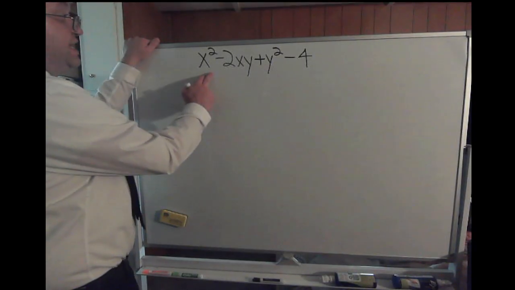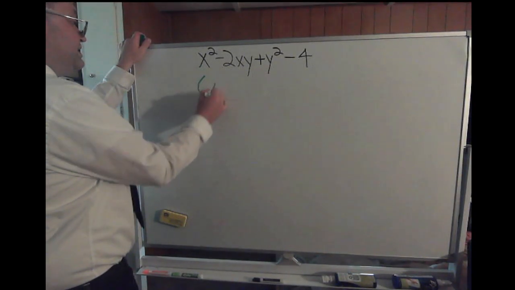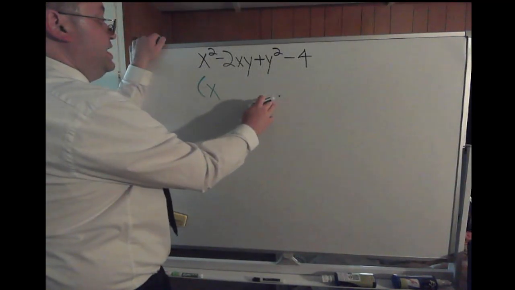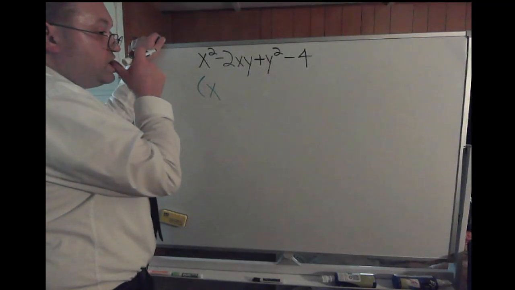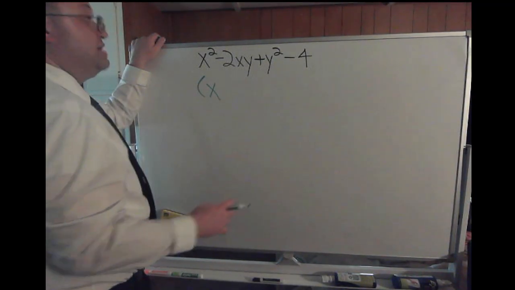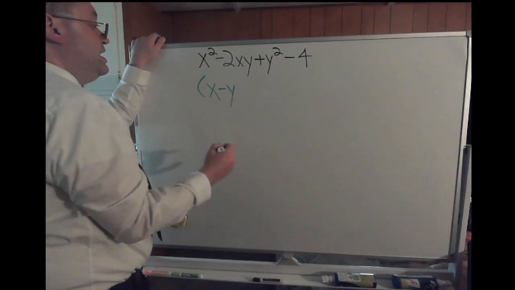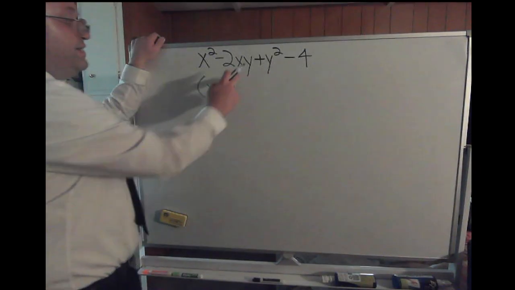X squared, is that a perfect square? Yes. The square root of that is x. Now you've got y squared, okay? Well, you can have positive and negative y. If you do negative y to the second power, you also get positive y squared. Now, if you take x times negative y, you get negative xy.